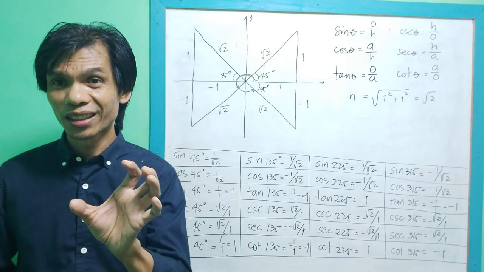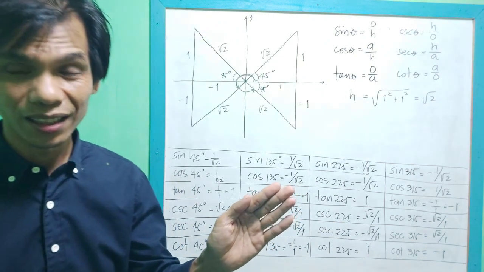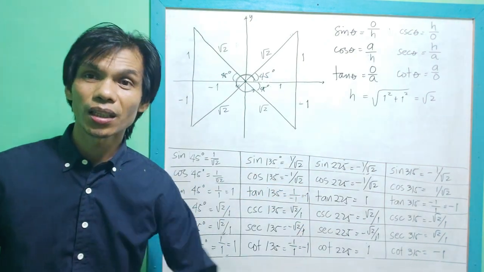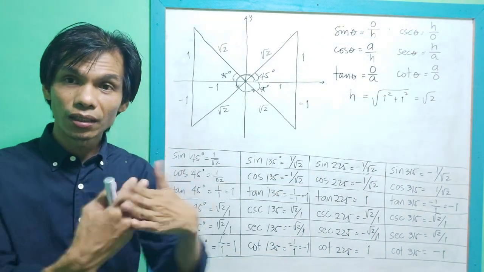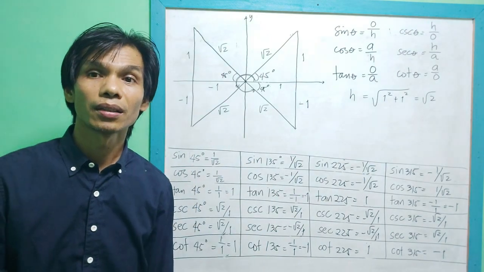So, ayan. Next time magpakitang gilas ka. Madali lang naman, di ba? Kanina sa 30, 60 degrees. Ang pinakamaigsi ay 1, ang pinakamahaba ay 2. Ganun lang yung niya.